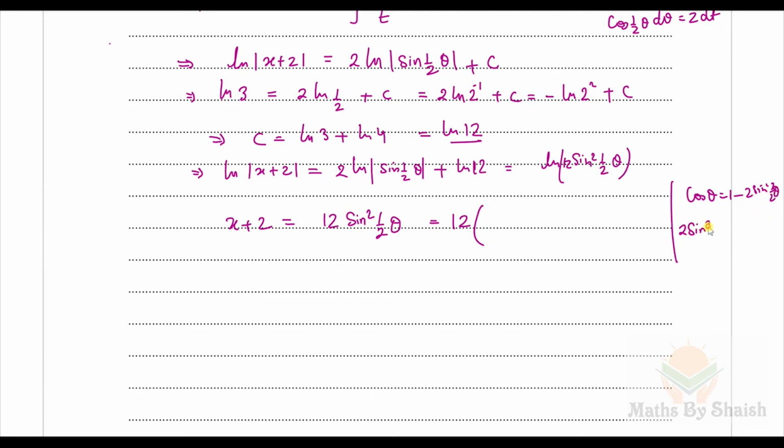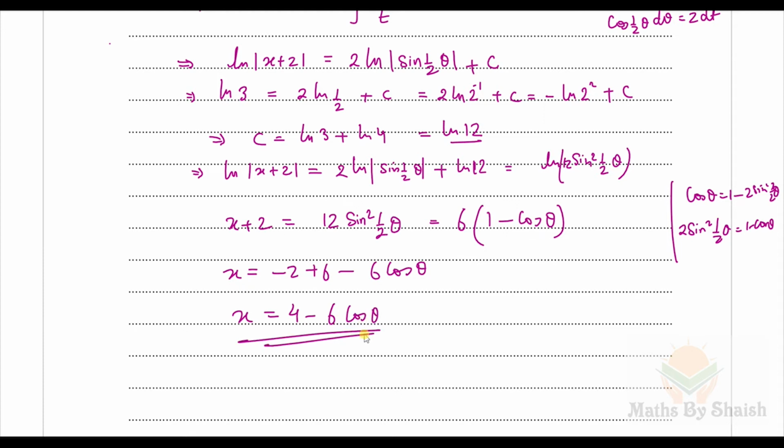So from here 2 sin square half theta would be 1 minus cos theta. So I'll write 6 in place of 12 because I required a 2: 6 into 2 sin square theta by 2, that is 6 into 1 minus cos theta. So from here we got x is equal to minus 2 plus 6 minus 6 cos theta, or x is equal to 4 minus 6 cos theta, and that is the x in terms of theta.